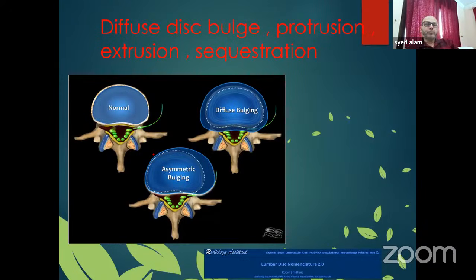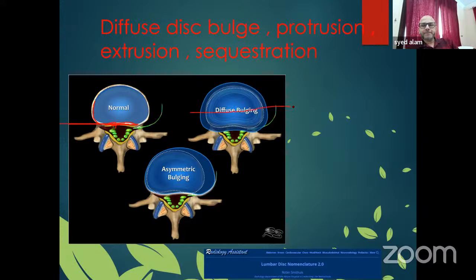According to that nomenclature, this is the normal vertebra, and normally the disc should not cross this end plate margin of the vertebral body. If it crosses the vertebral margin by more than 2 millimeters, some books say 3 millimeters, that is a diffuse disc bulge.